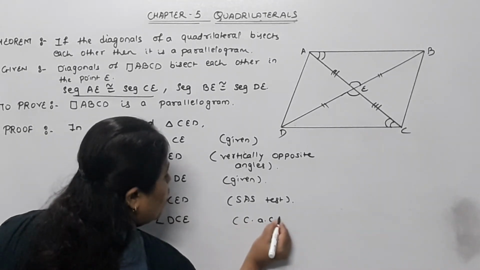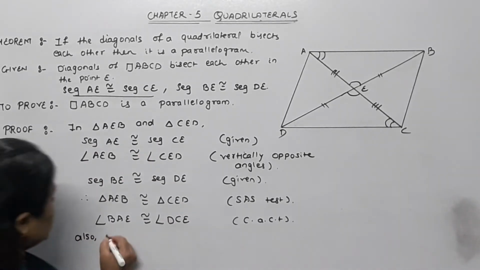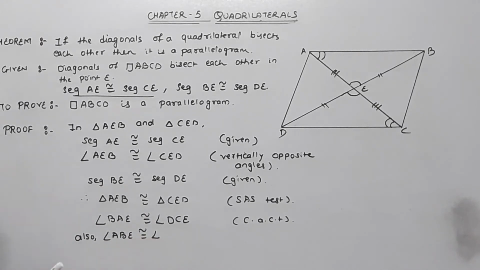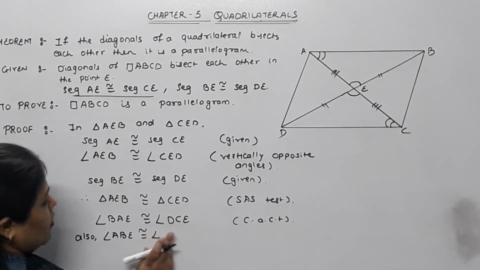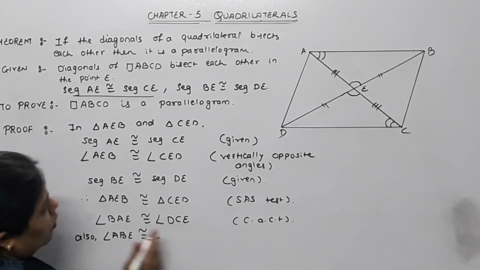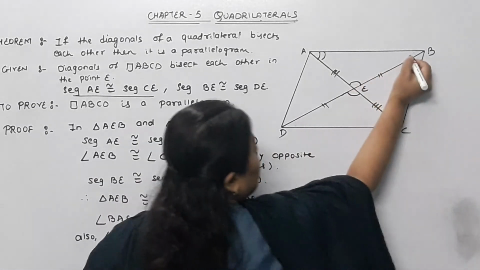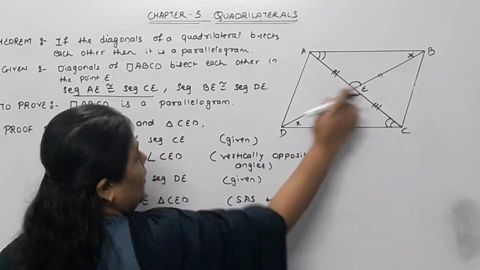Corresponding angles of congruent triangles. Also, what can you say? Angle ABE is congruent to angle CDE.